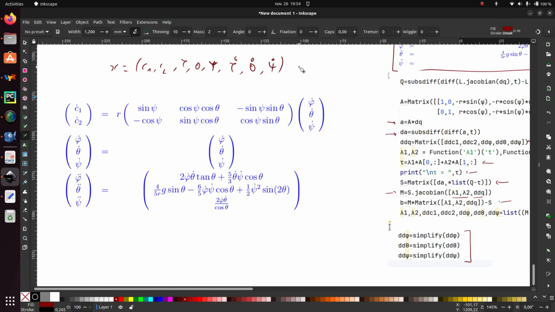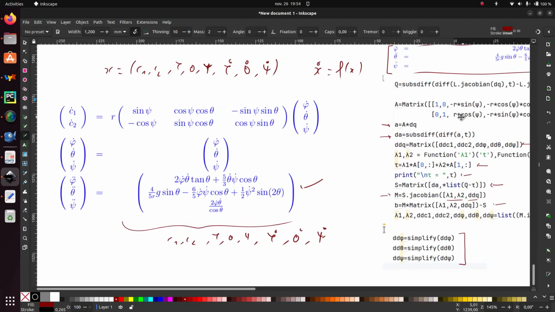This is why, to obtain the state equation, I should obtain something like x dot equal f of x. So the derivative of the state variable corresponds to c dot 1, c dot 2, the derivative of the Euler angles and the second derivative. And here I only have expressions with respect to c1, c2, phi, theta, psi, and the derivatives phi dot, theta dot, psi dot. So it means I have my state equation.